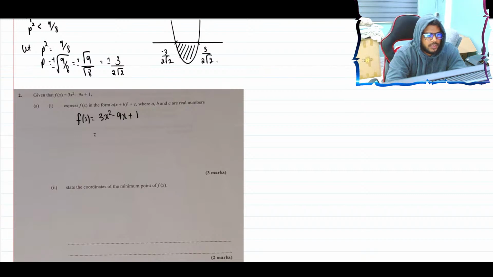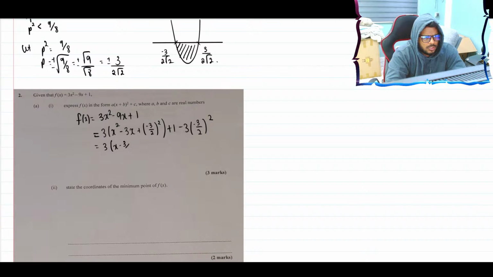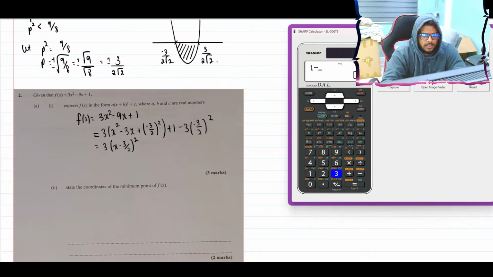When I complete this square, I'm going to get 3 into x squared minus 3x plus minus 3 over 2 squared, plus 1 minus 3 into minus 3 over 2 squared. So I force the brackets to be a perfect square. X minus 3 over 2 squared. And all I had to do is work out the outside. 1 minus 3 into minus 3 over 2 squared, and I get minus 23 over 4.